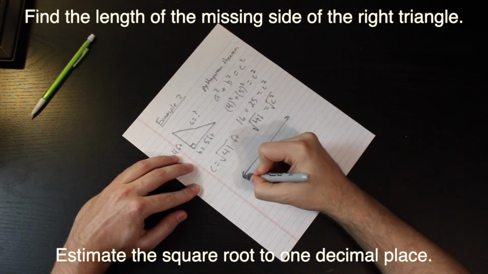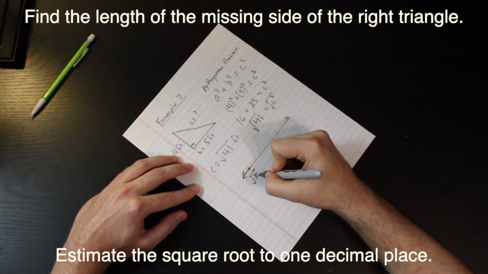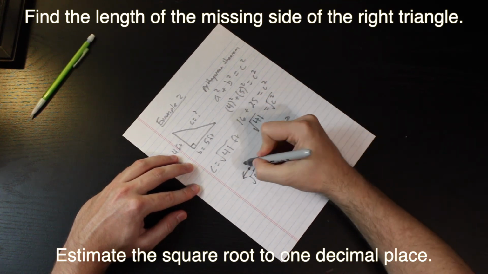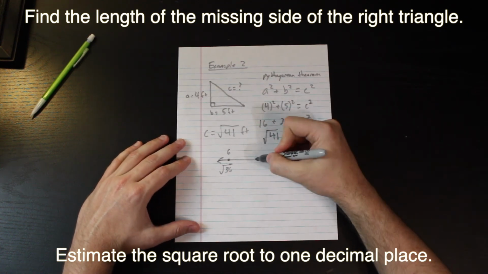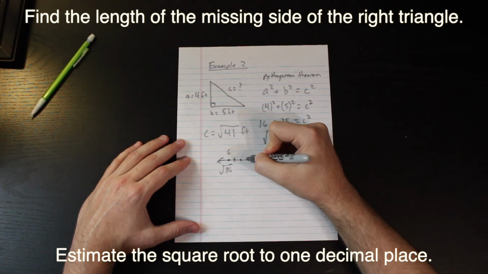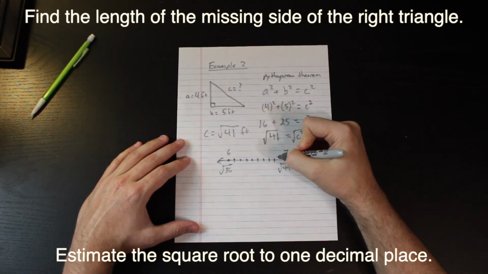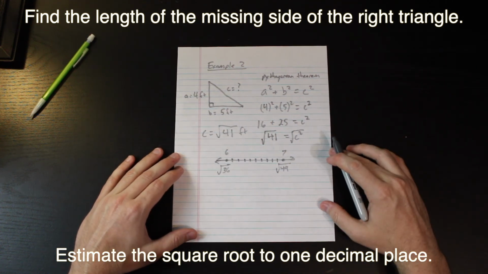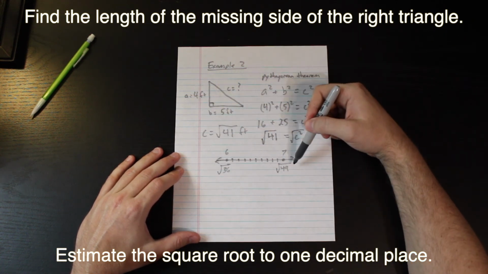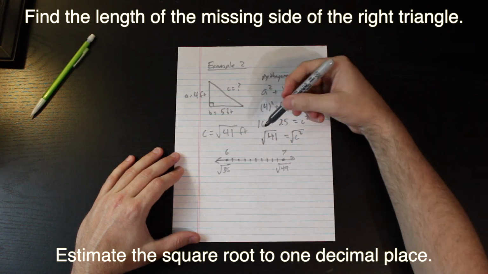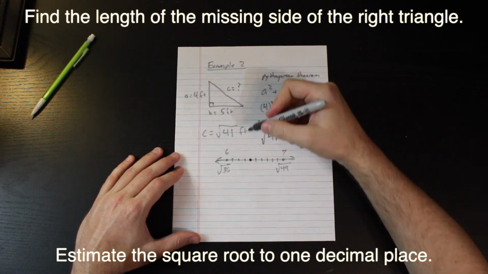On this side, put the square root of 36. On this side, put the square root of 49. Let's put our hash marks underneath and then estimate where on this line our answer should go. 41 is a little bit closer to 36 than to 49, so let's put the square root of 41 right about here at 6.4.